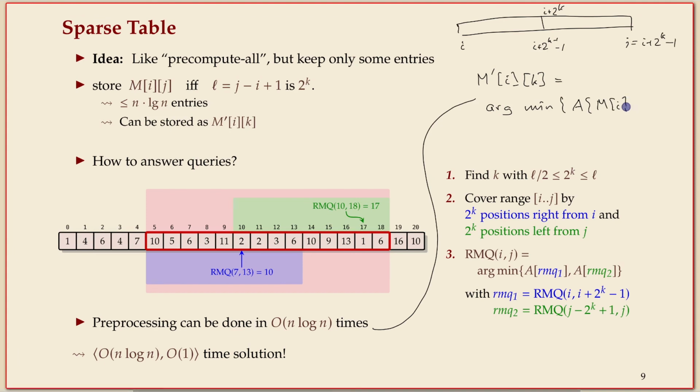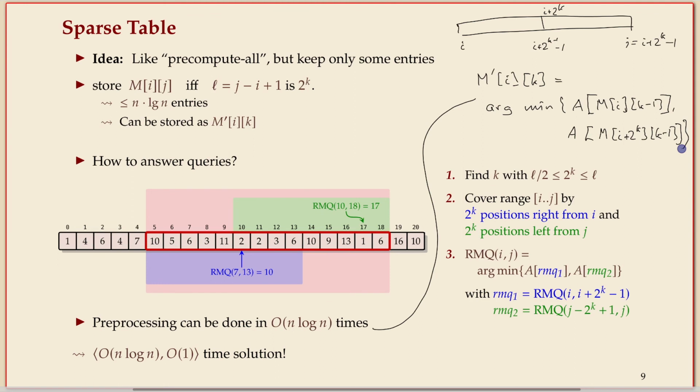So you start at I and use the one smaller. So that's supposed to be a square bracket, as is this. The other is I plus 2 to the K, and also K minus 1. You can do the pre-processing so that the lengths increase, right?